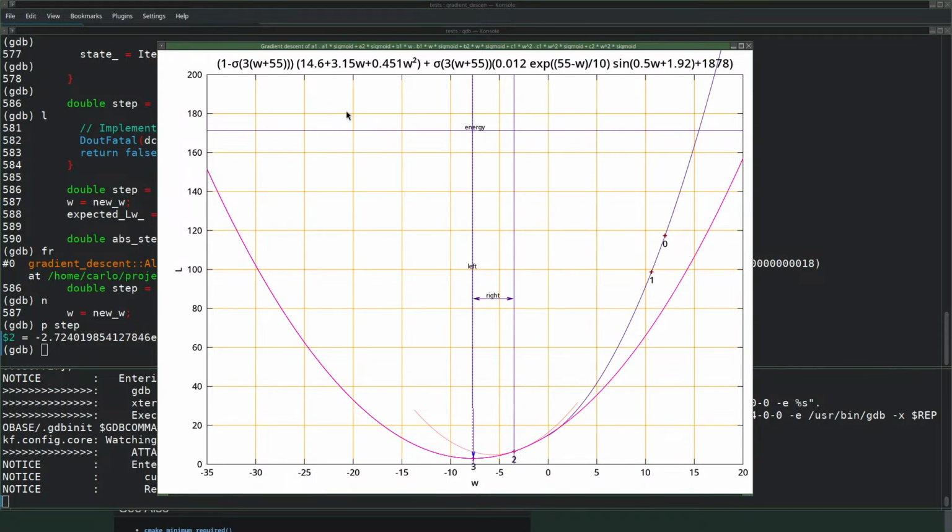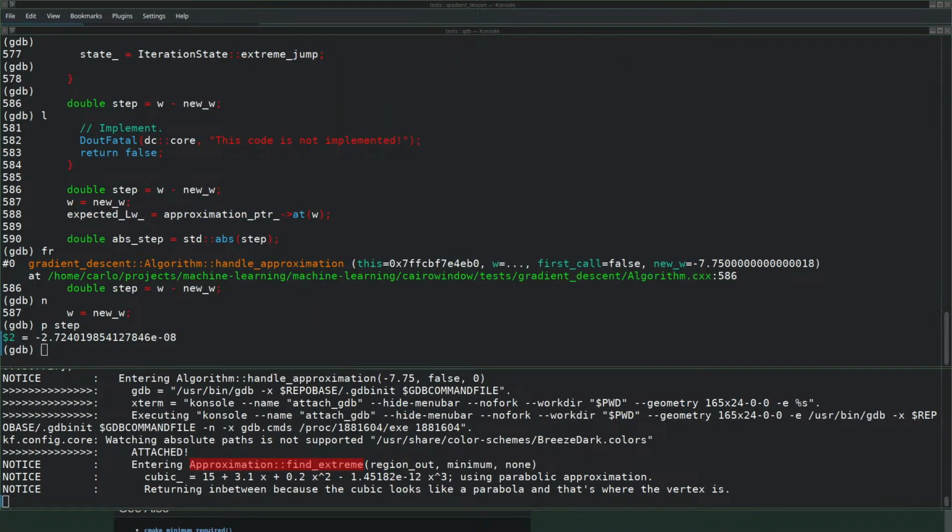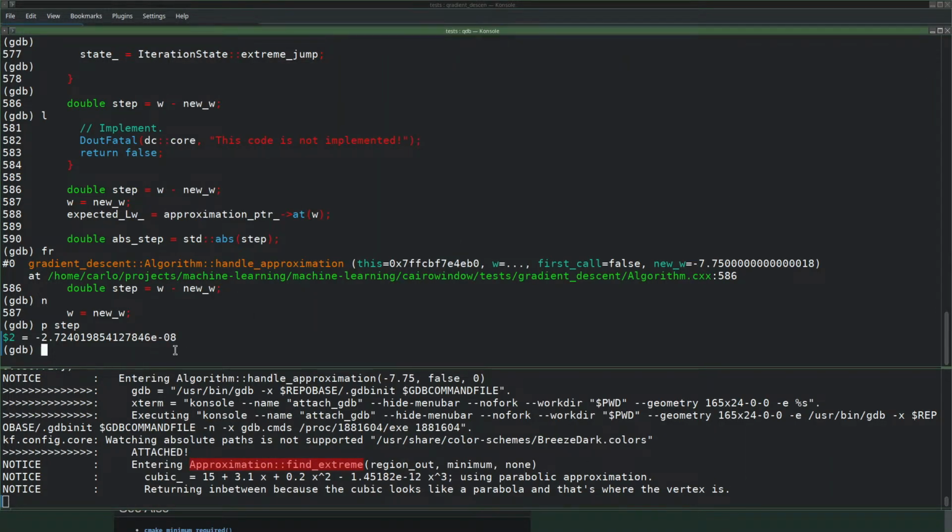But that maximum must be ignored because it's probably just nonsense. So if the cubic looks too much like a parabola, then I'm assuming that it is a parabola instead of a cubic. So indeed, we did not make any significant step here. But I already knew that.